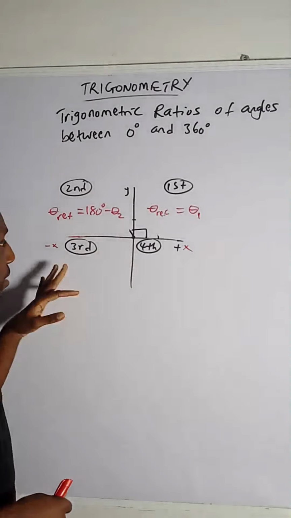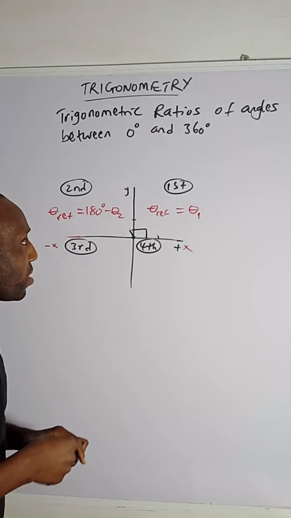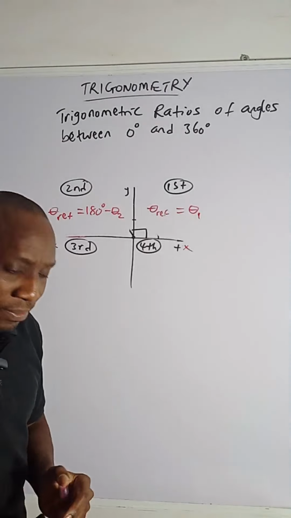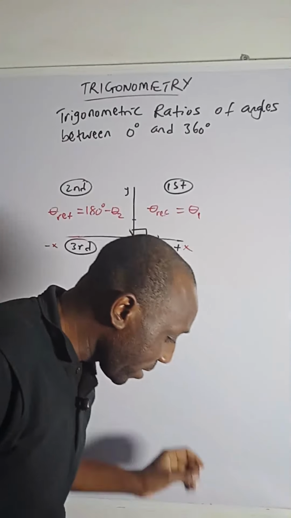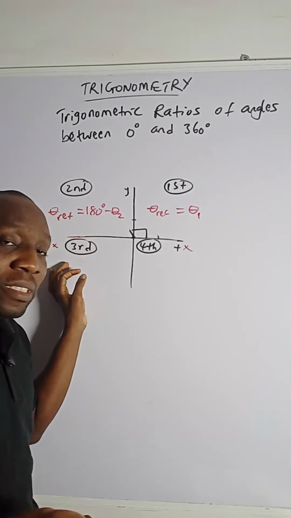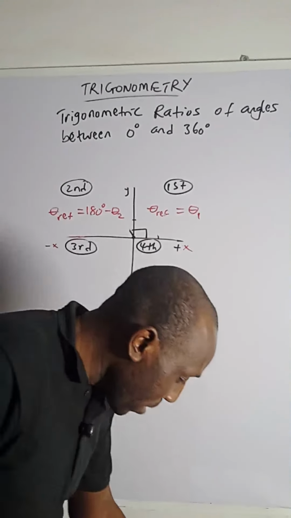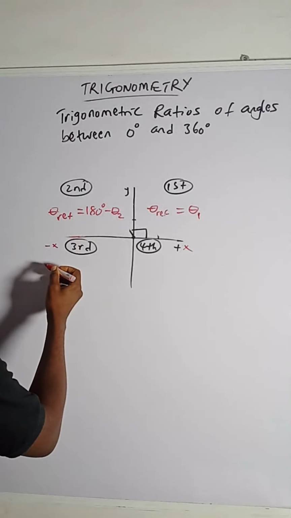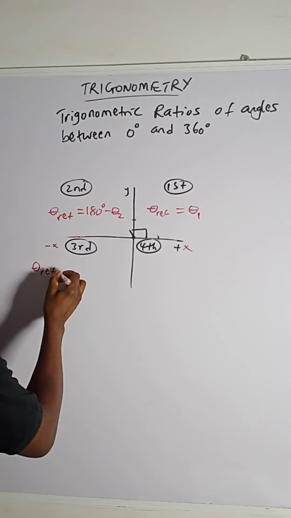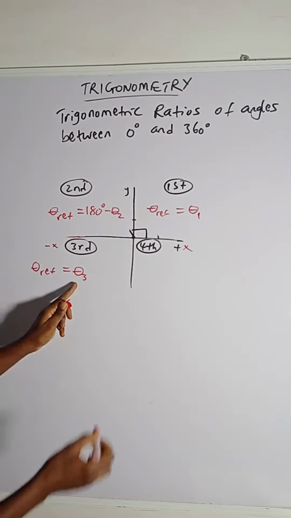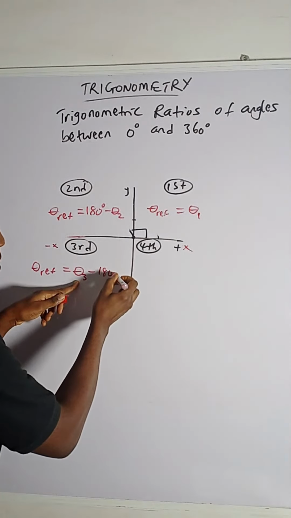But what about the third quadrant? Who can tell me the formula for getting the reference angle from an angle in the third quadrant? Now I'm going to explain this because some people always get confused. The reference angle in the third quadrant is going to be the angle in the third quadrant minus 180 degrees.